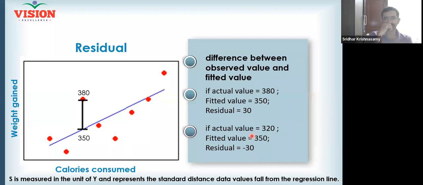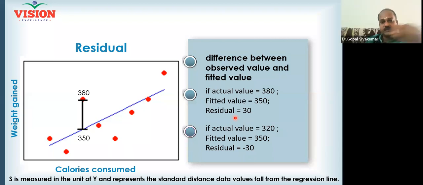So the sum of the squared values of the residuals should be minimum. That should be your goal. Then only your regression equation will speak better. This is called the principle of least squares. All of you understand? Yeah.